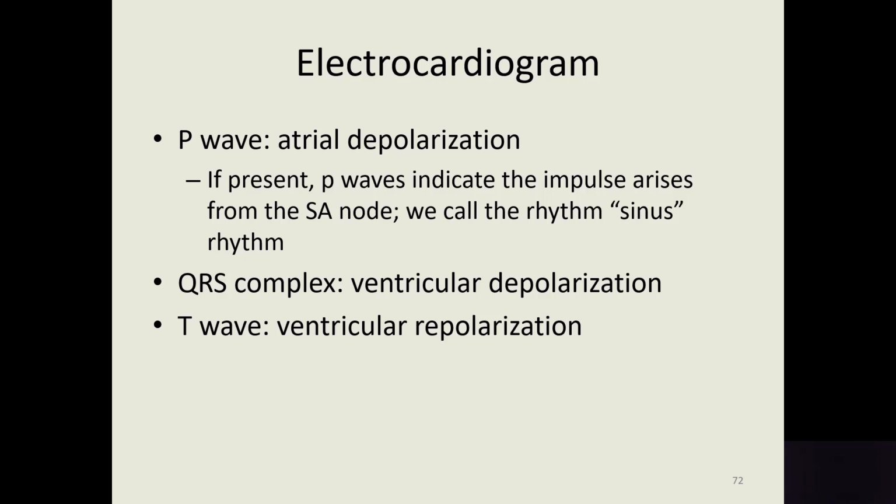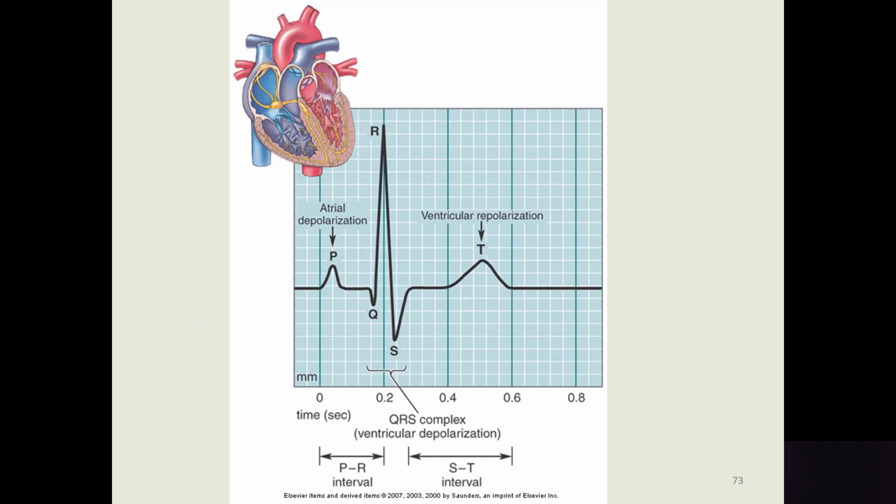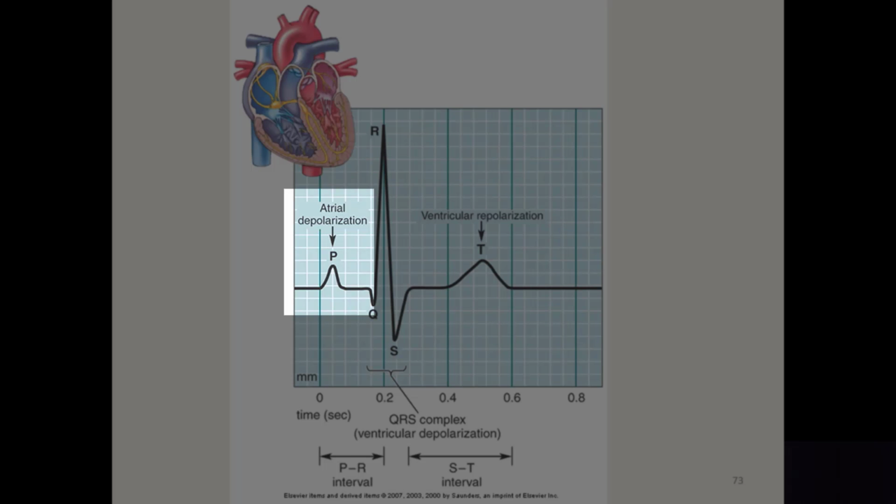And if the person is actively having a heart attack, that tissue is not going to conduct electricity the same way. So we will be able to see that information on an electrocardiogram. So here's an image of just one heartbeat on an EKG. A P wave, again, is atrial depolarization.